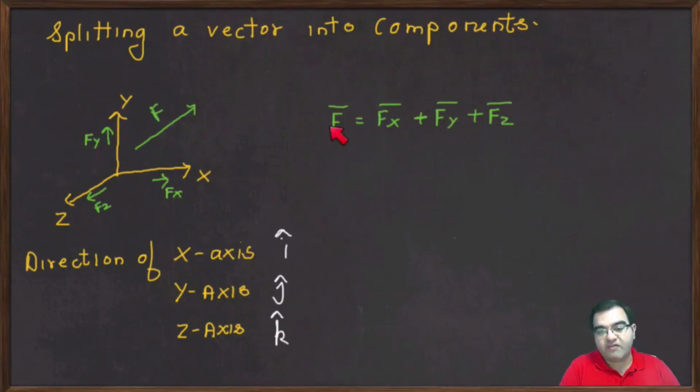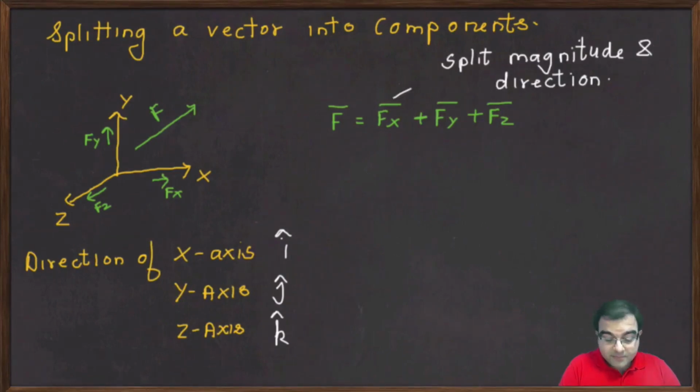In this case you have taken a vector and all the components of the force are also vectors. F bar is a vector, Fx bar is a vector, Fy bar is a vector, Fz bar is a vector. Now I am going to write this vector in terms of magnitude and direction. I know if it's along the x-axis, the direction is i cap.